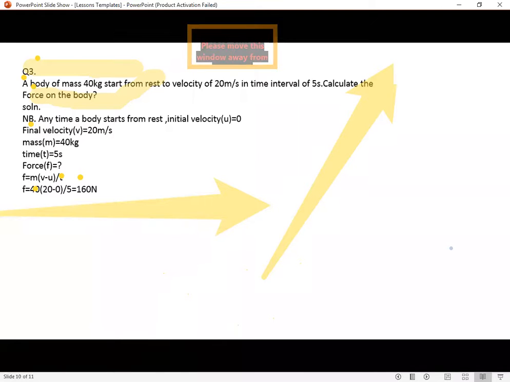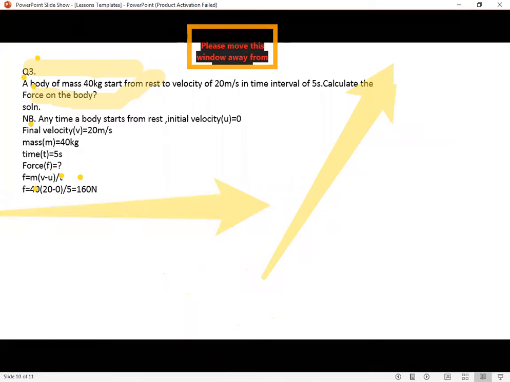Okay, this one is a different question. They said a body of mass 40 kilogram starts from rest. And rest means the body started from 0. Initial velocity is 0. Rest means there wasn't any motion at all. The body is at its resting position.